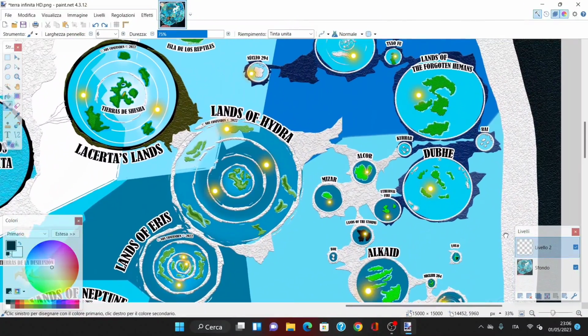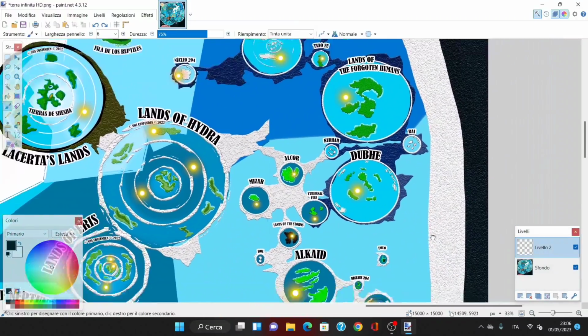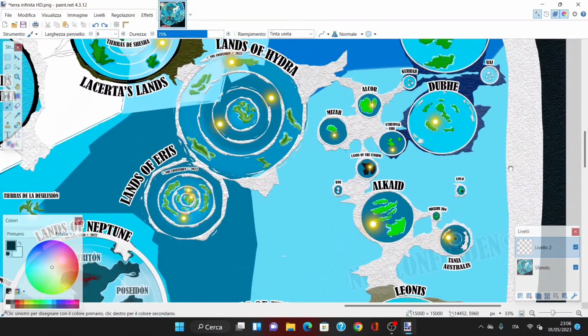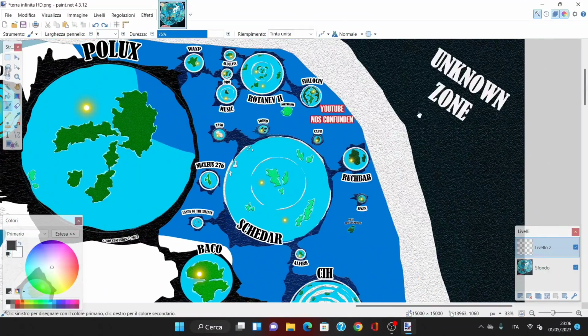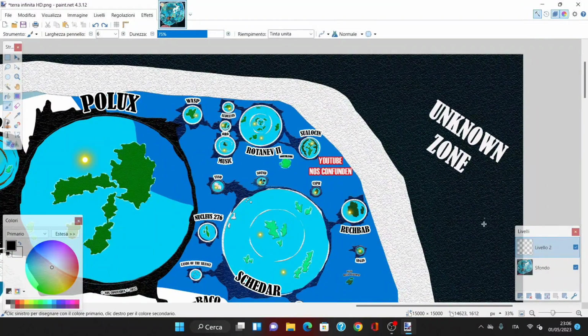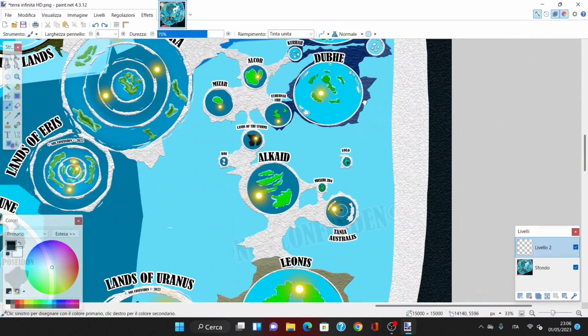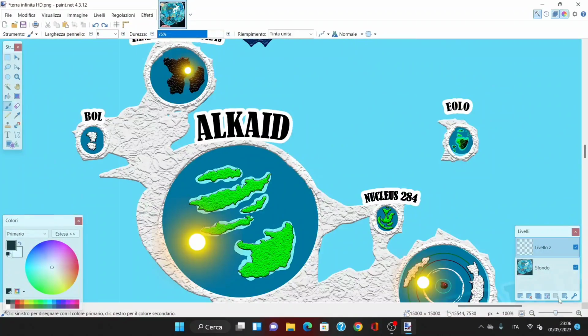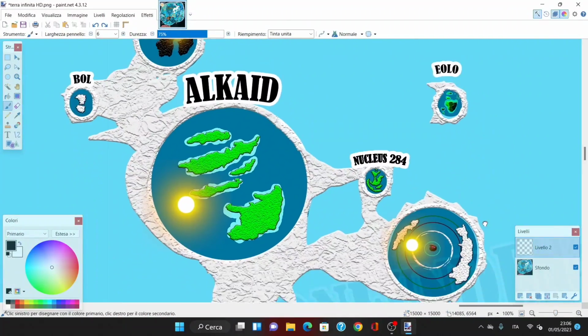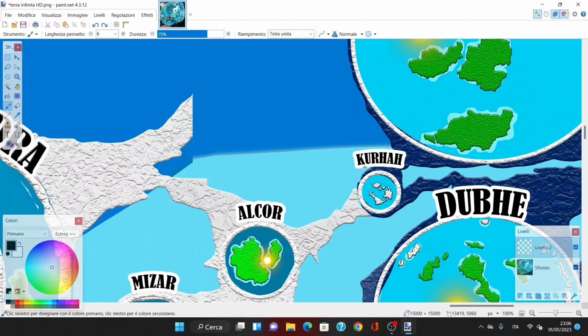Remember, the reason we have so little information about these eastern planets we covered is because they are, in fact, along the border of the unknown zone. So the farther east we go, the less information there is. Therefore, we don't know places like Eolo, if there are any creatures on it, or if there are living beings that achieve sentience on Kurha in their oceans.